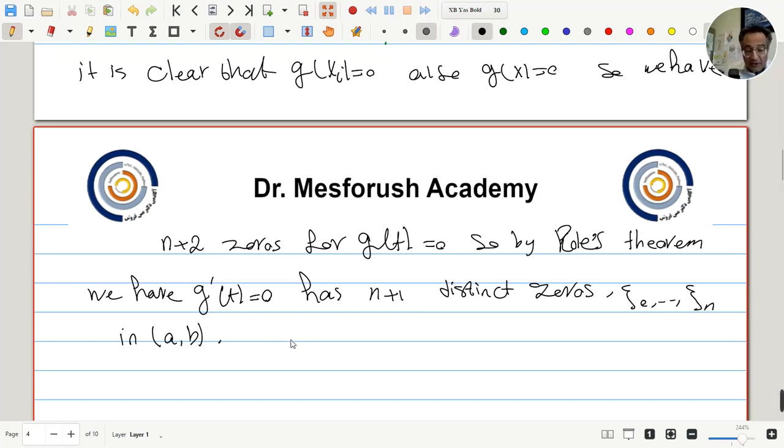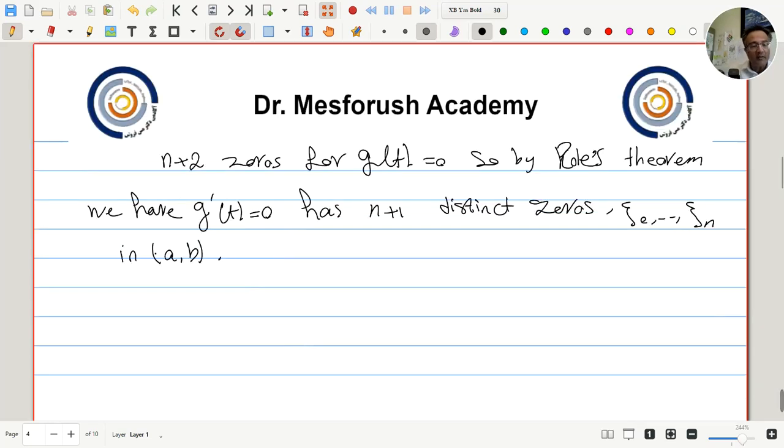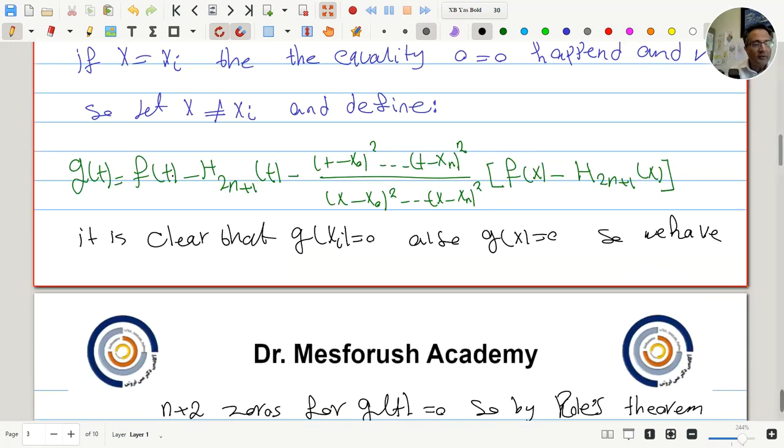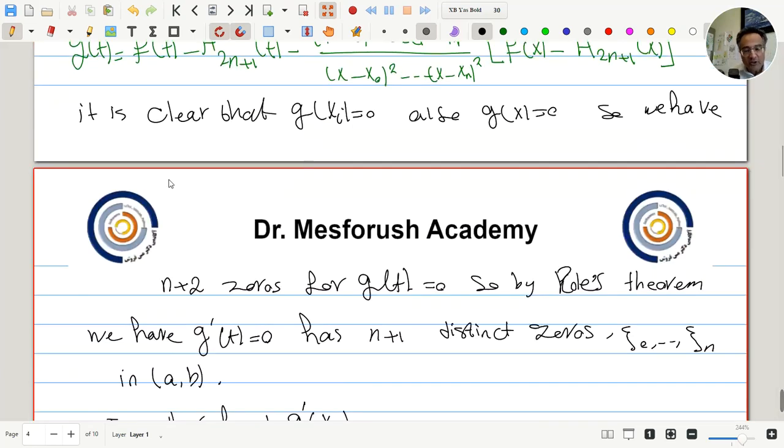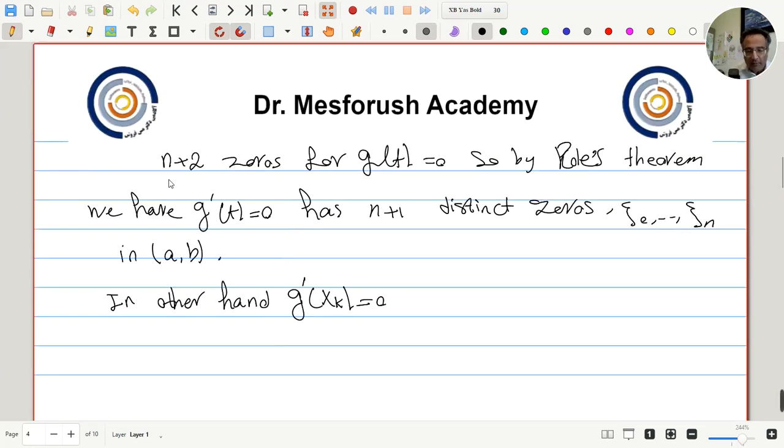On the other hand, g prime of xk is equal to 0. If you take the derivative, f prime of t minus h_{2n+1} prime of t and something more, and if you compute, you can see that g prime of xk will be equal to 0 for all k equal to 0 to n.